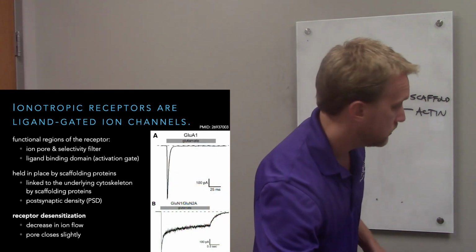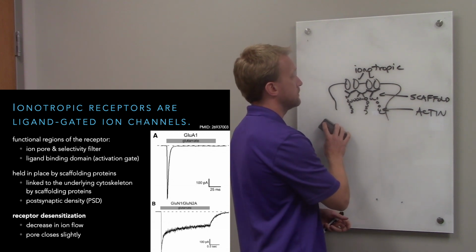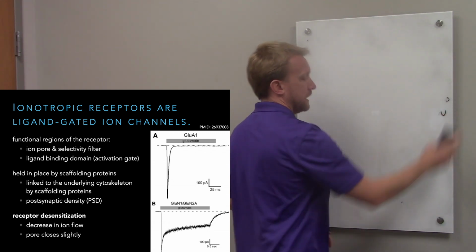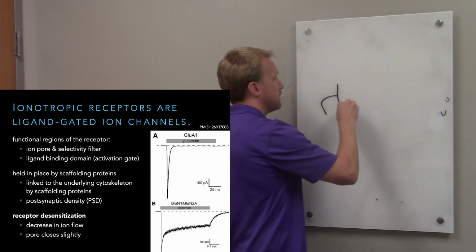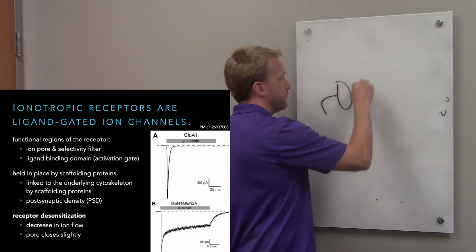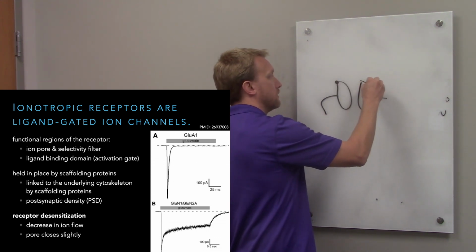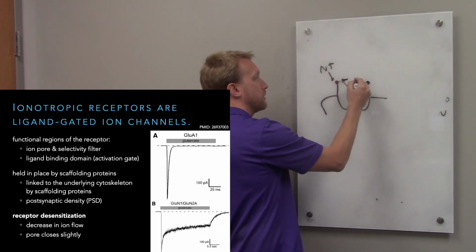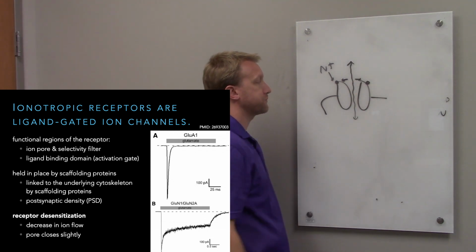However, we should keep in mind that receptors desensitize. So we can think of this as the ion pore kind of relaxing. So when neurotransmitter binds, my pore is now open and ions can move through the membrane.